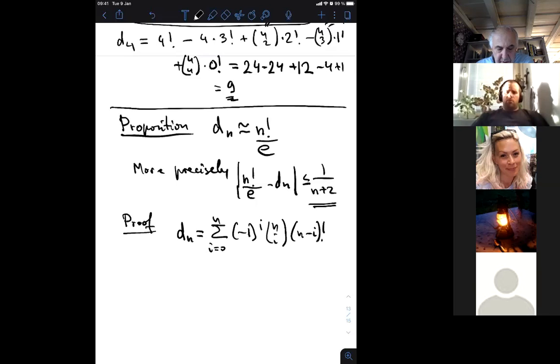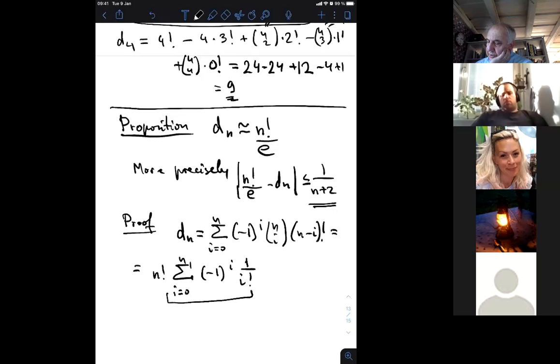So if we factor out n factorial, we'll get n factorial times the sum for i from 0 to n minus 1 of (minus 1) to the power i, times 1 over i factorial. What do we recognize here? This is an expansion of e inverse.